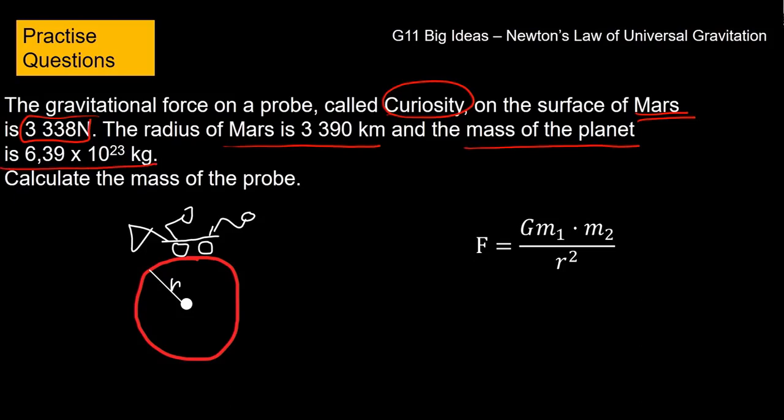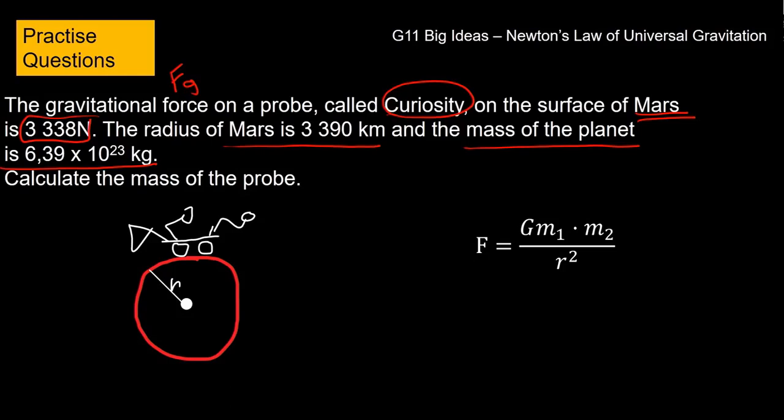So they are telling us that the gravitational force of Mars on this probe is 3,338 newtons. They tell us what the radius of Mars is, and they tell us the mass of the planet. So calculate the mass of the probe.